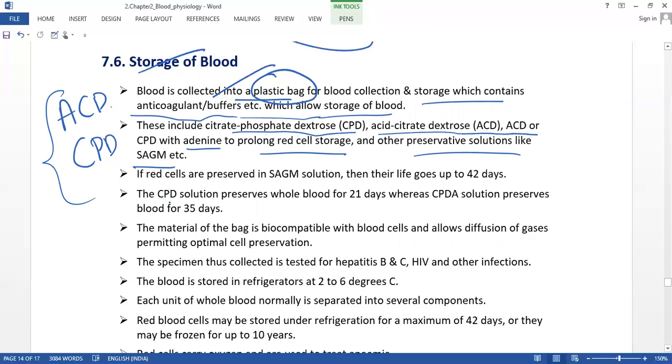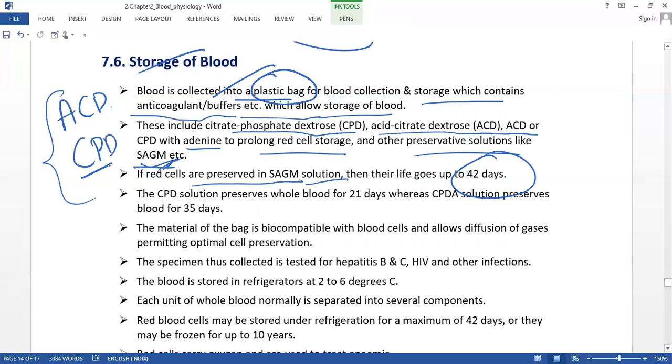If the red cells are present in SAGM solution, then the lifespan may differ. It will go up to 42 days. If it is stored under SAGM, the lifespan will be 42 days.